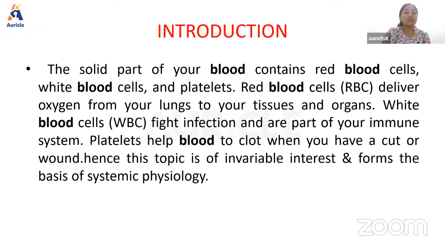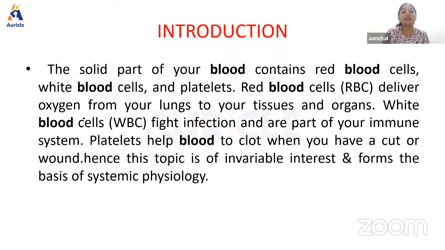So starting from the introduction part. The solids of the blood contain RBCs, white blood cells, and platelets. The RBCs deliver oxygen from our lungs to the tissues and organs, and white blood cells are responsible for fighting any kind of infection, and they are also an important part of our immune system, right?